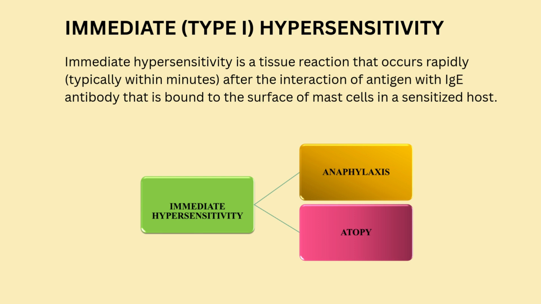So the host is already exposed to the allergen, and on the second time when the host is exposed to the same allergen again, the antibodies which were produced are released, resulting in the hypersensitivity reaction. Now it can be anaphylactic or it can be atopic. Now let's learn in detail how does it occur.